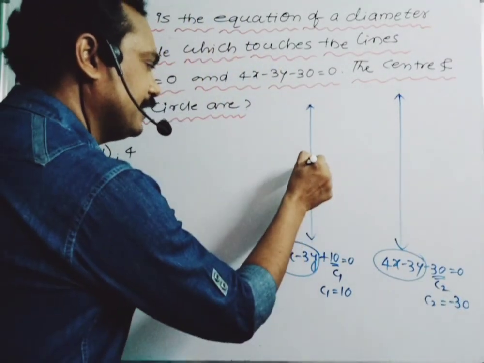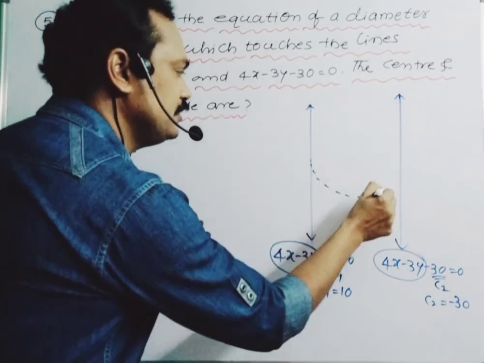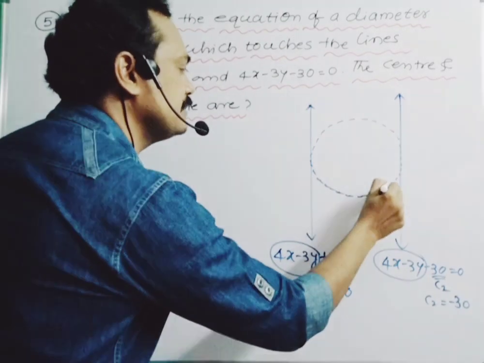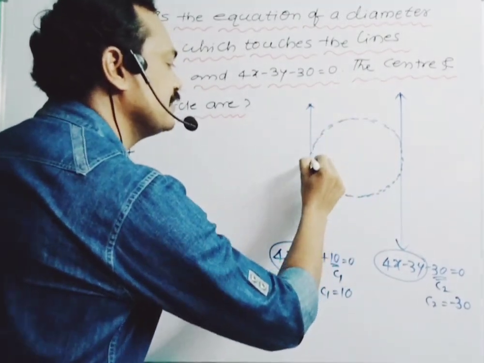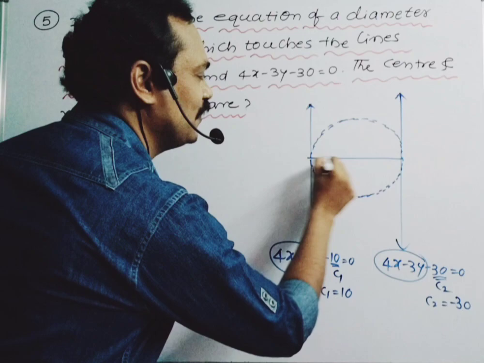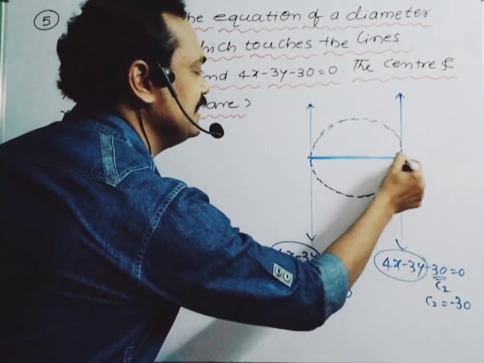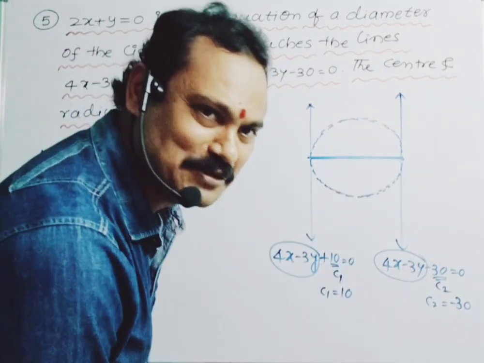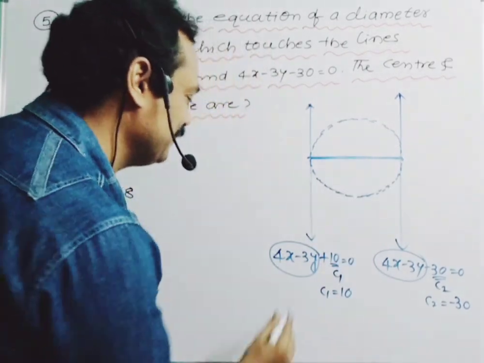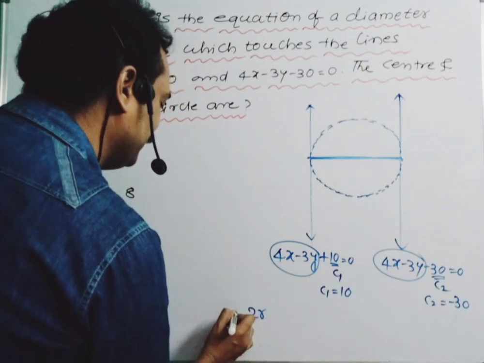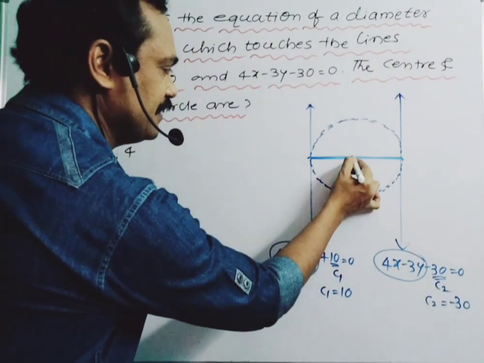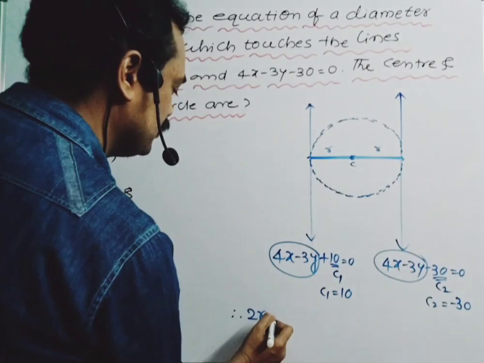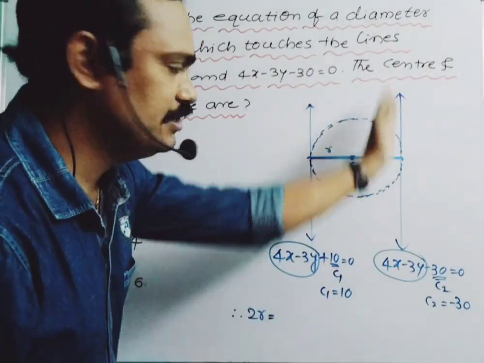Our required circle is touching these two lines. Is it clear? So the distance between these two parallel lines is the diameter. Suppose this is the center, this is the radius and this is also a radius, so 2r equals the distance between these two parallel lines.